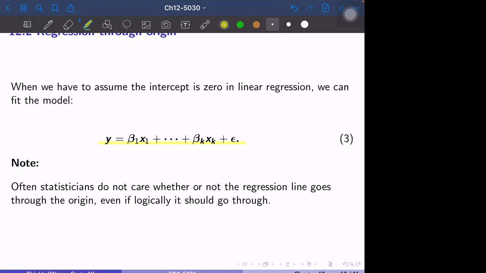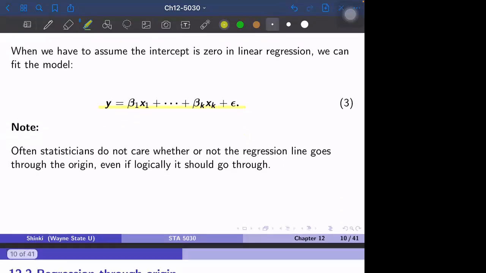For example, on the x-axis, maybe x is the size of the right lung volume, and the y is the left lung volume, or something like that. Then when one is 0, naturally the other is 0 because both scales are 0.